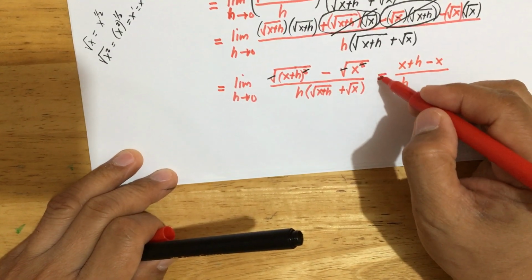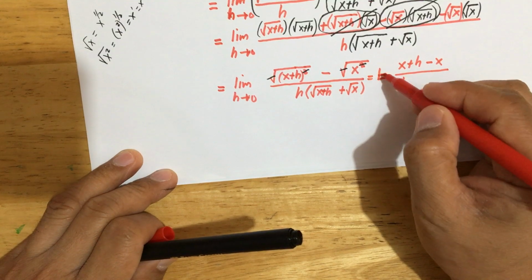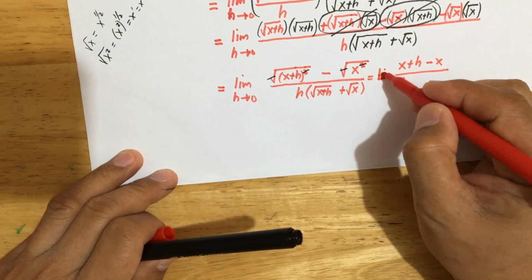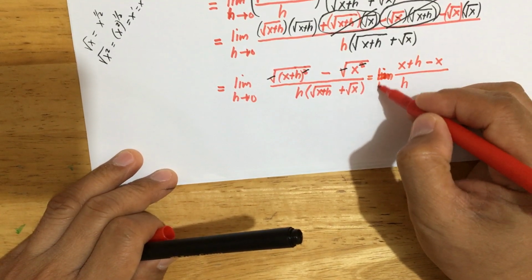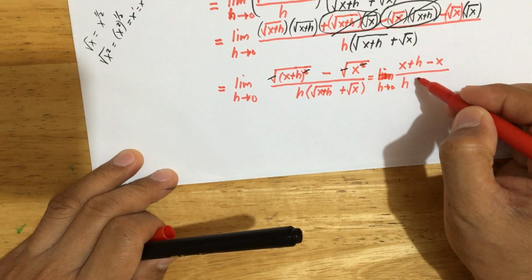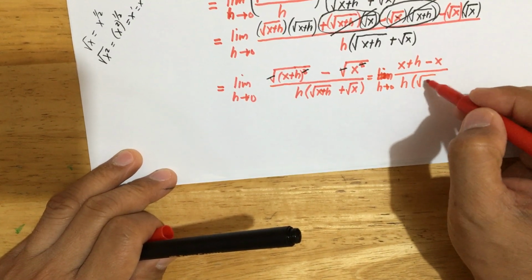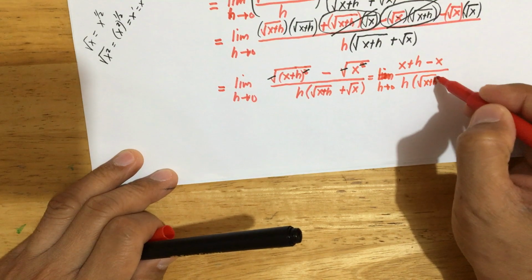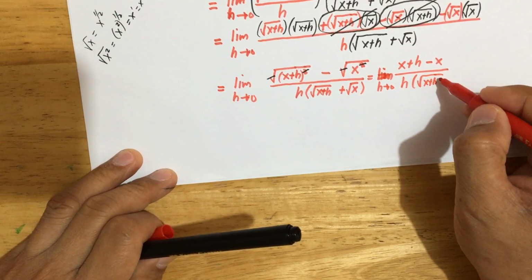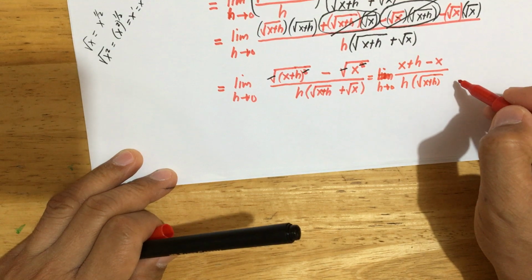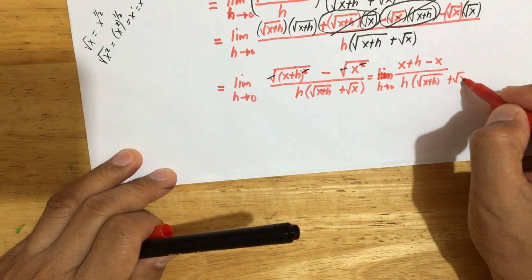By the way, this is the limit as h approaches 0, multiplied by the square root of x plus h, then plus the square root of x.